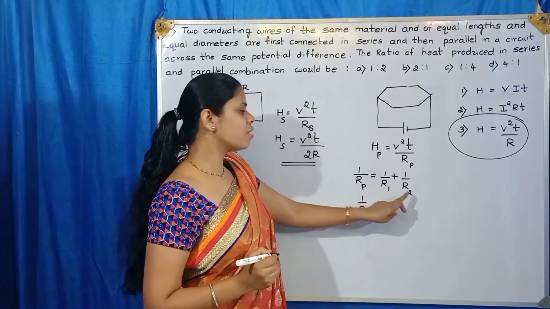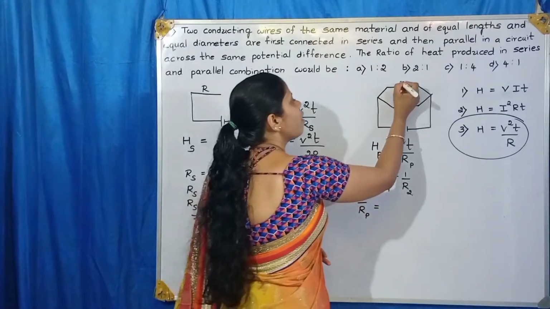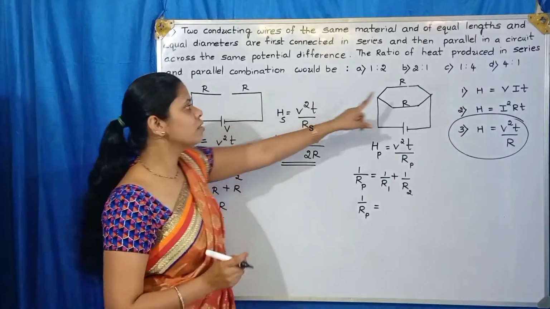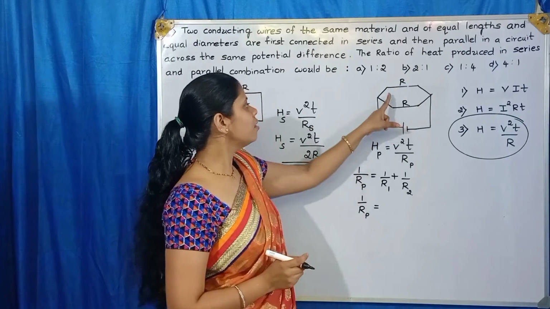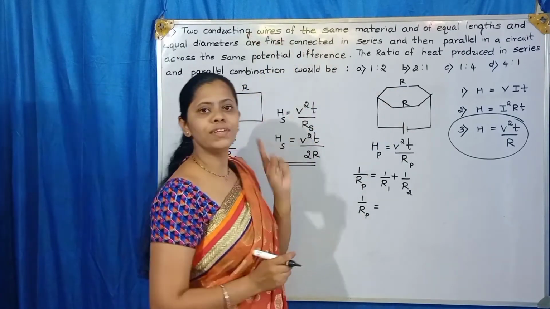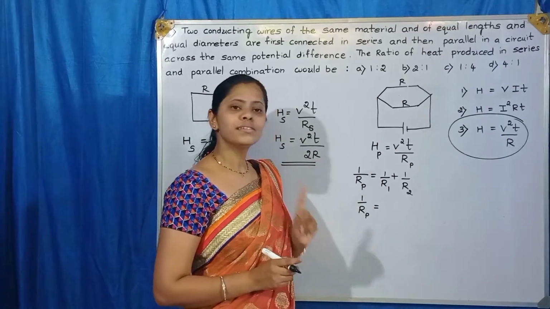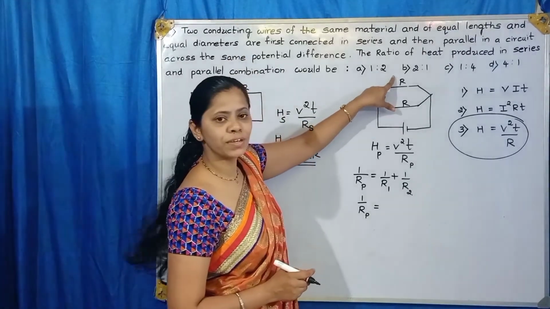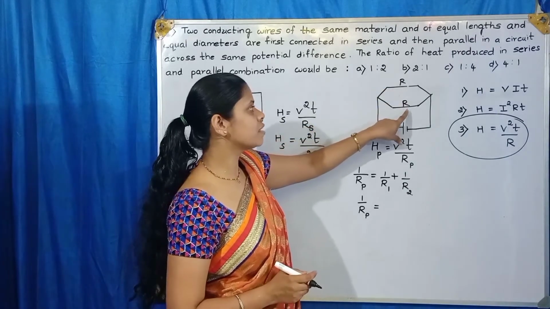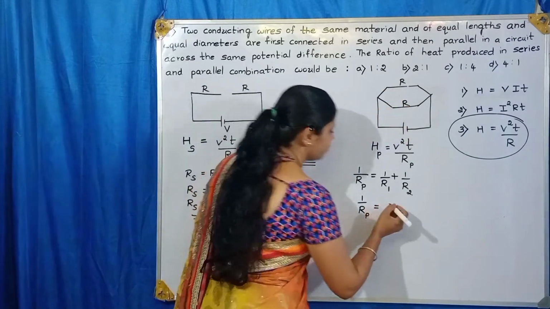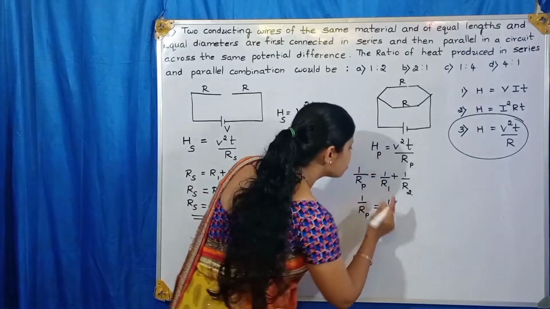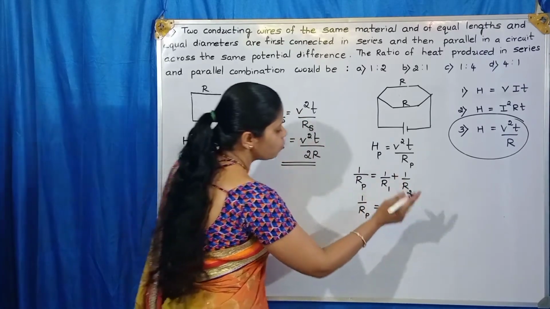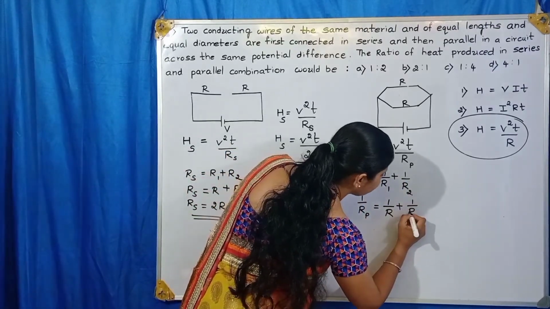And what is the value of R1 and R2? The value of R1 and R2 is R only, because in both the connections we are using the same wire of the same material, same length and equal diameter. So here also the resistance of the first wire is R and the resistance of the second wire is R. So in the place of R1, let me replace it as R, and in the place of R2, let me replace it as R.